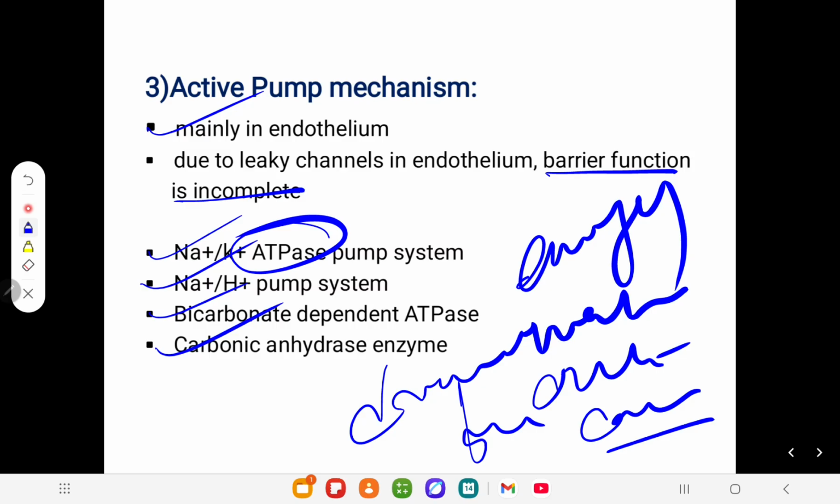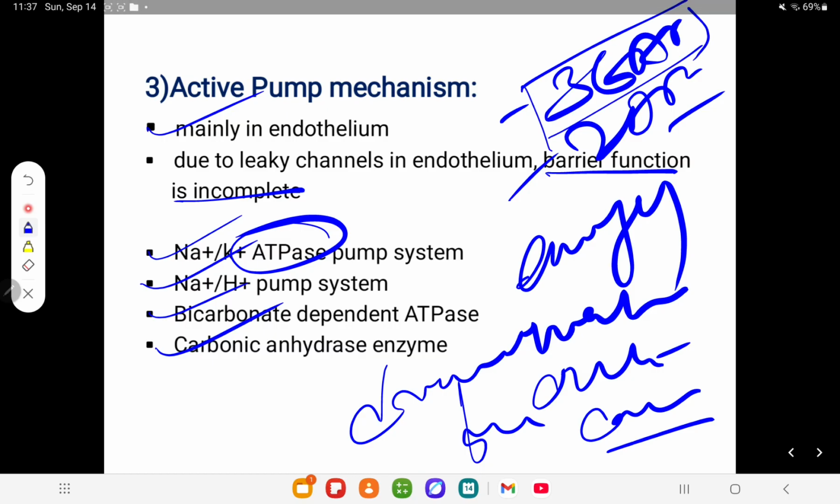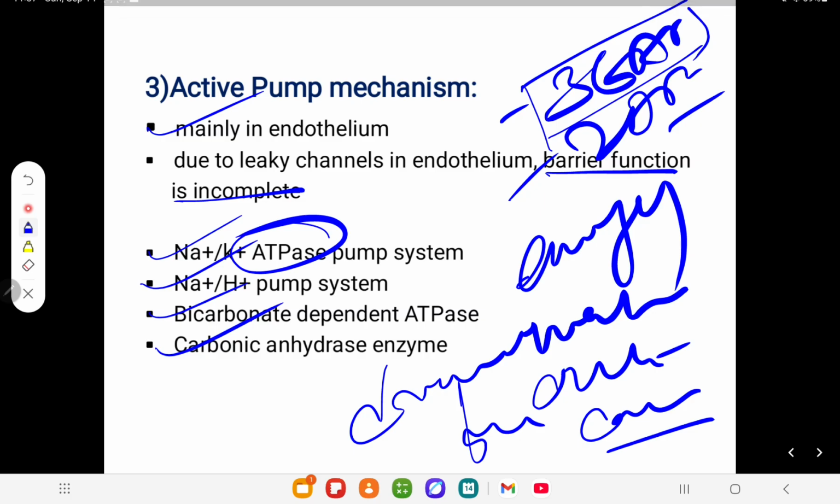Because in aerobic metabolism approximately 36 ATP are formed, in anaerobic approximately 2 ATP. Rough idea, I'm not a biochemist. So if energy goes down, ATP goes down, then the endothelial pump mechanism fails, and that's why the cornea swells. That's the basic function.